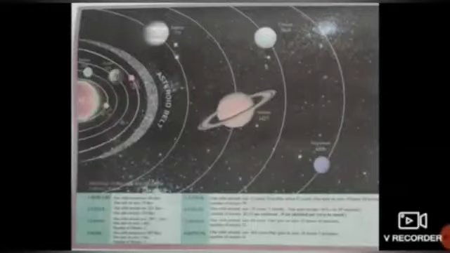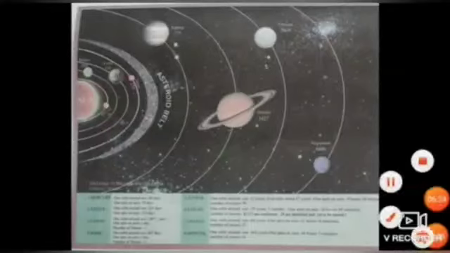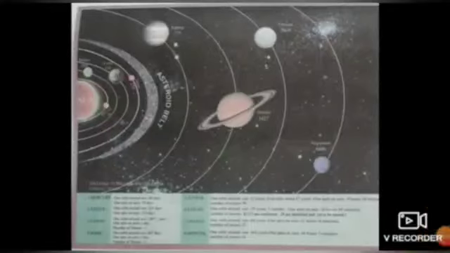It has one moon, which is a natural satellite. Mars. Mars is 228 million kilometers away from the Sun. It takes 687 days to complete one revolution, and it takes 1 day to complete one rotation. It has two moons.